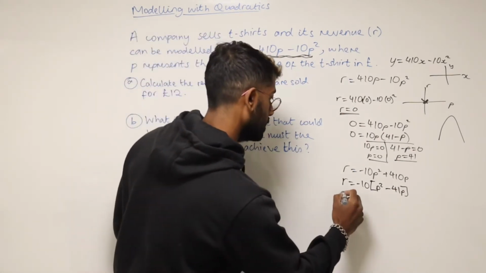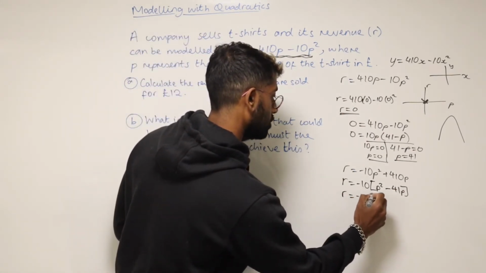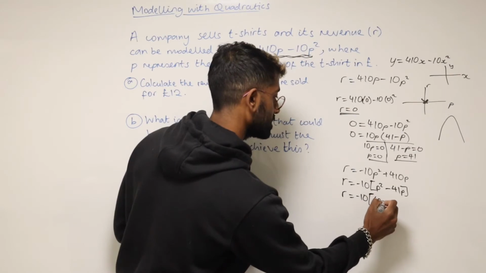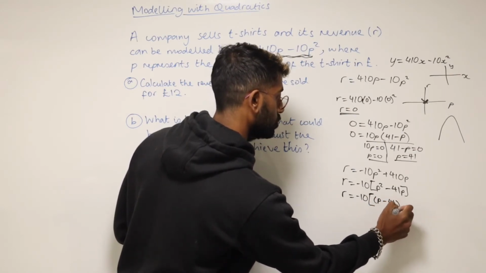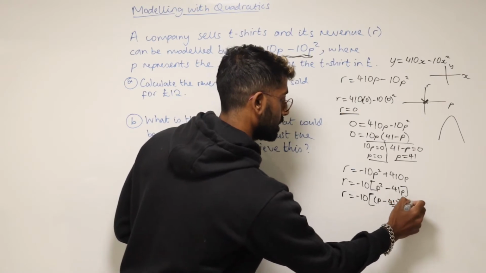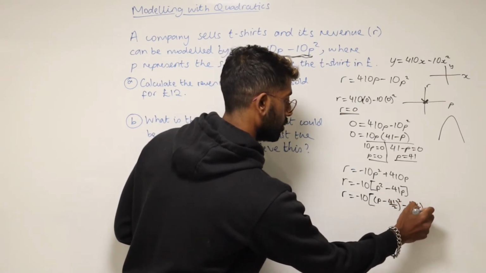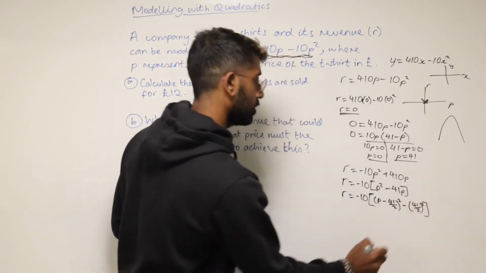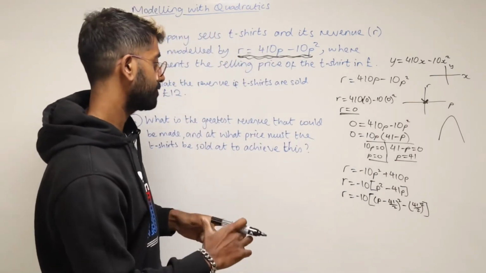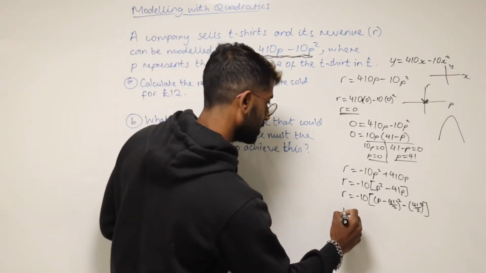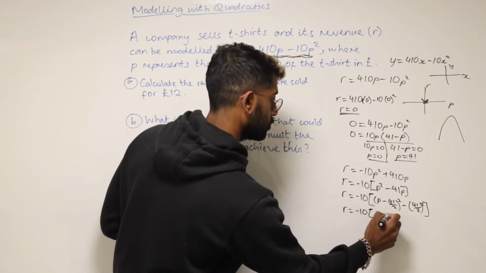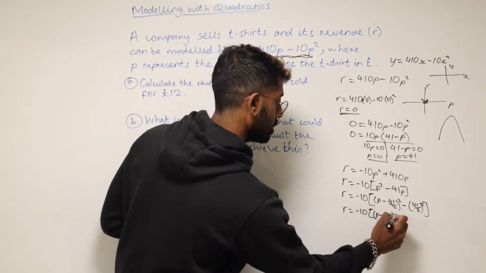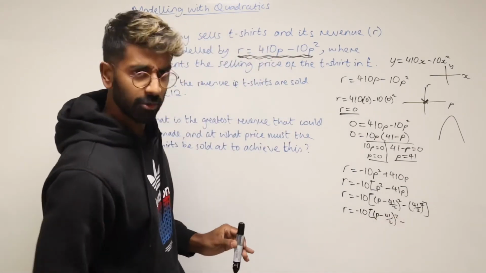Then we complete the square in here. So that's p minus 41 over 2 squared, take away 41 over 2 squared, and close that bracket off. Next, we'll have to simplify that. So minus 10, and then p minus 41 over 2 squared minus 41 over 2 squared.